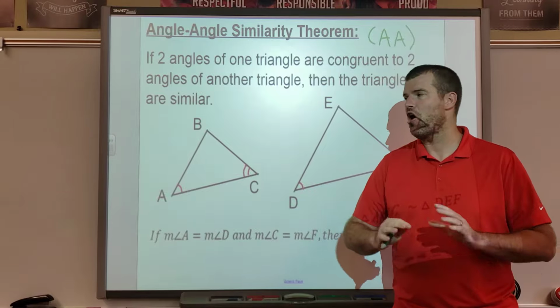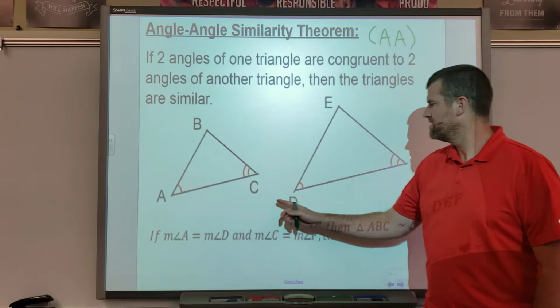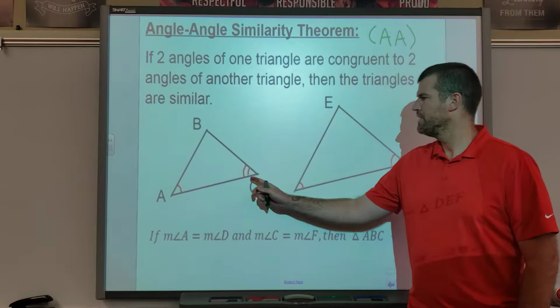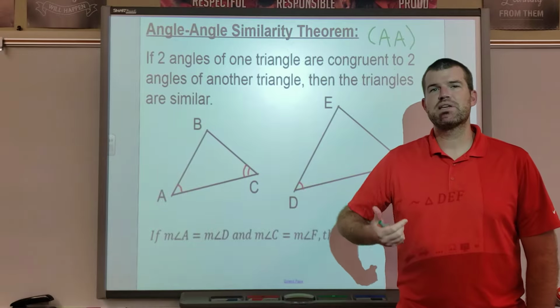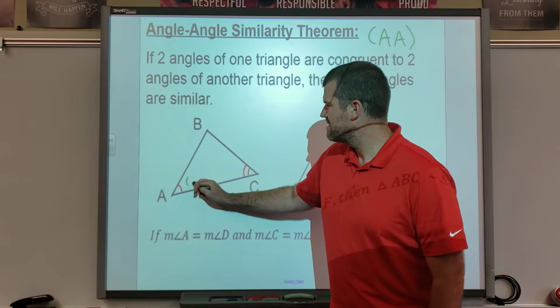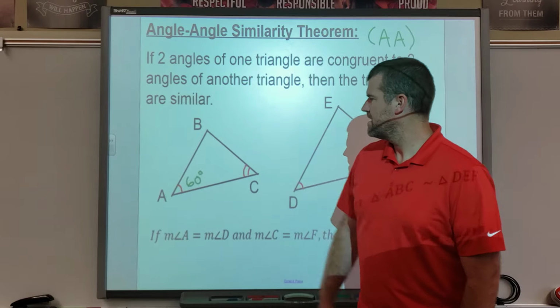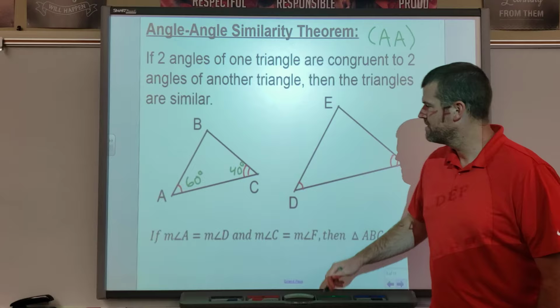It'll just happen, always. So in this example, we know that this angle is the same as angle D. We know that angle C is the same as angle F. And that's enough because if I put numbers on here, if I call this 60 degrees, and I call this 40 degrees, and I know those aren't accurate, but just bear with me.